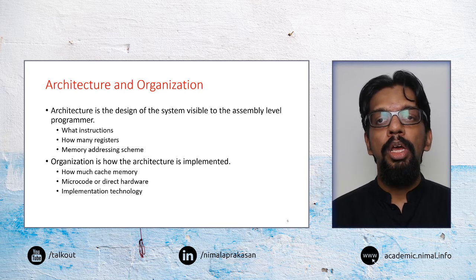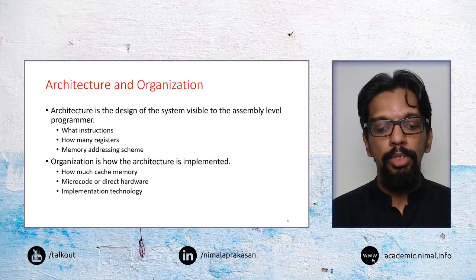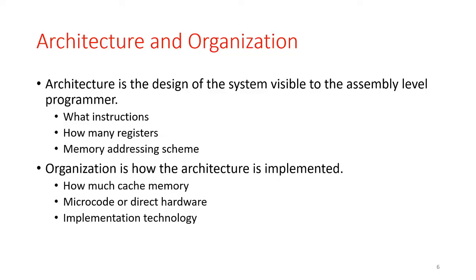So, this is about what are the instructions that a particular computer system can execute, how many registers are there in a CPU, how to talk to the memory of a particular computing system. These are the things that the architecture of a computer will talk about.